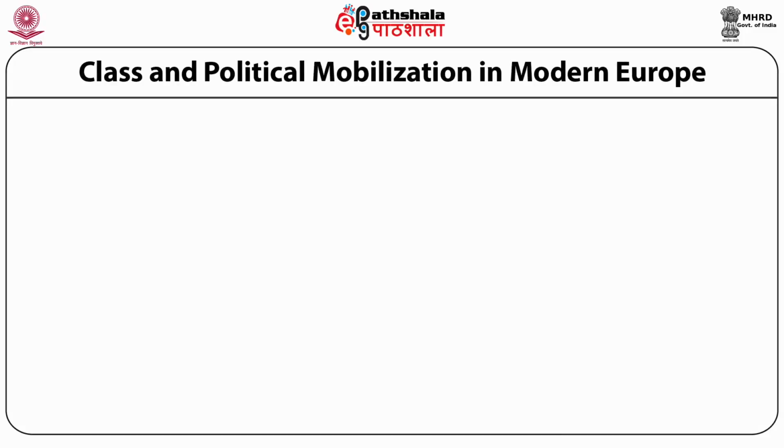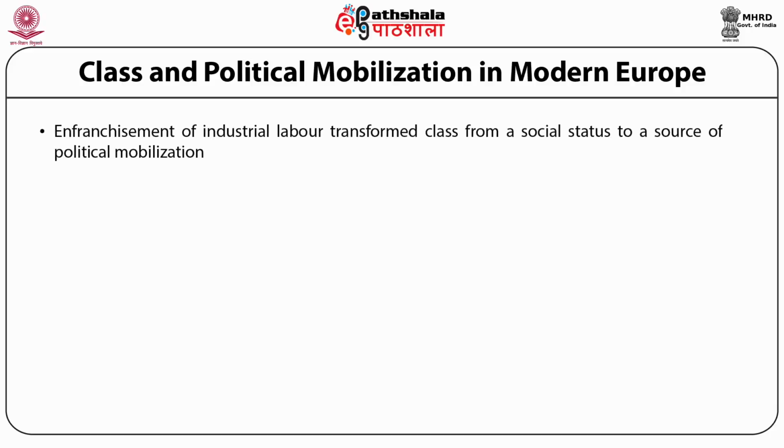Now, students, let me explain a little bit about political mobilization on the basis of class, or how class has emerged as a source of political mobilization in different societies of the West. Enfranchisement of industrial labor, as we know, has transformed class from a social status to a source of political mobilization.